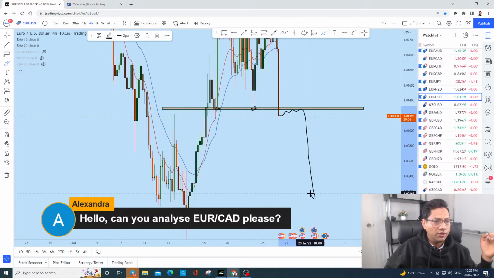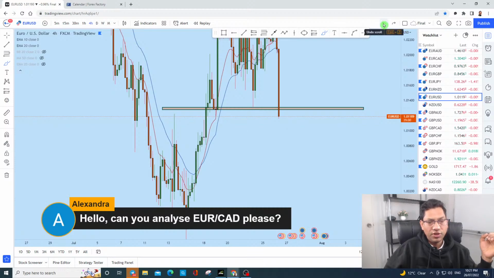A slow retracement is the price action that I like to trade. So euro dollar, looks like dollar getting stronger, and that's a good thing for us, giving us another trading opportunity.